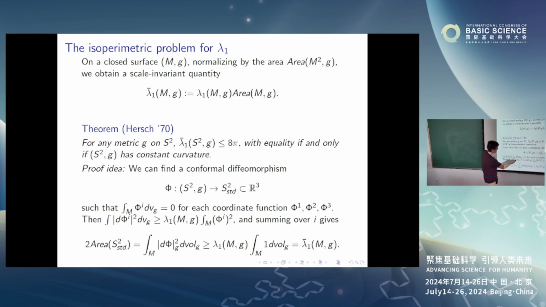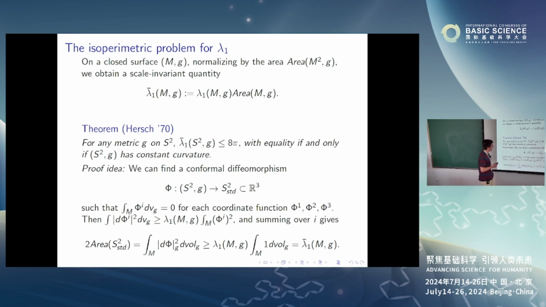It's taking values in the two-sphere, though, so the sum of those squares is 1. And so we see this is bounded below by lambda 1 bar. And then finally, if equality holds, then we can read off that this conformal map is also a map by first eigenfunctions, and it's easy to conclude. Okay, so that's this classic observation of Hersch from 1970.